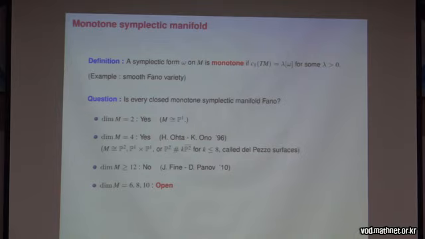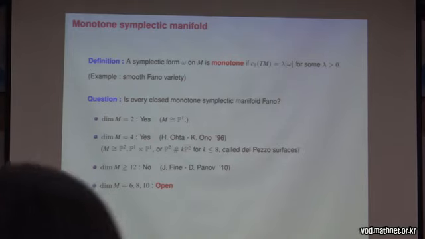For instance, if the dimension is 2, then there is only one such manifold, P^1. When the dimension is 4, there are 10 diffeomorphism types: P^2, P^1 cross P^1, and the blow-up of P^2 at k generic points, where k is less than or equal to 8.